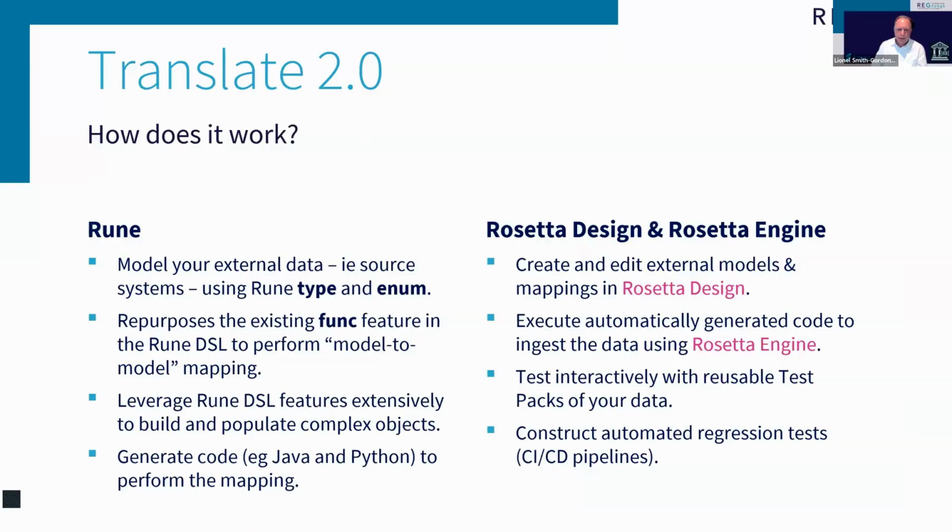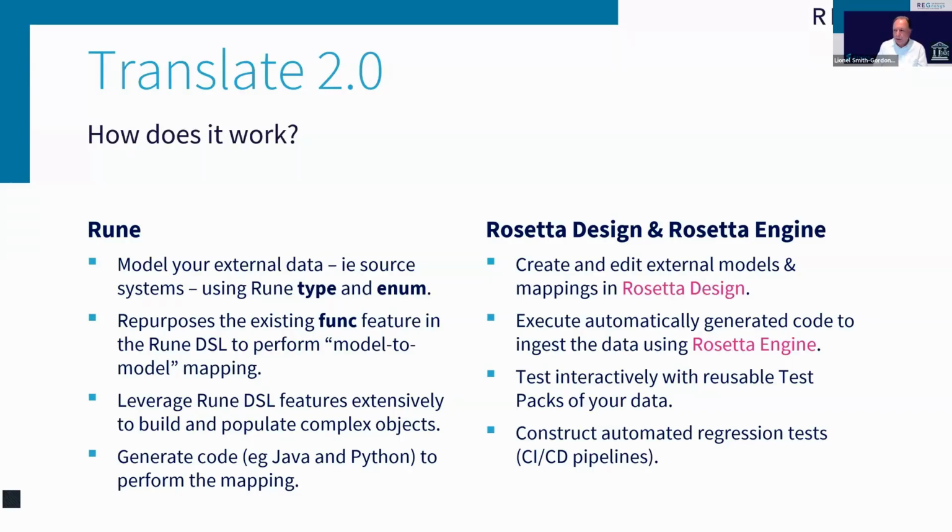So how do we go through those steps? What we've done is extend the RUNE modeling language using the existing type and enum constructs to enable you to define your external data. Then we've also used the existing functions, or func, in the RUNE DSL, which is what we used to do the model-to-model mapping.